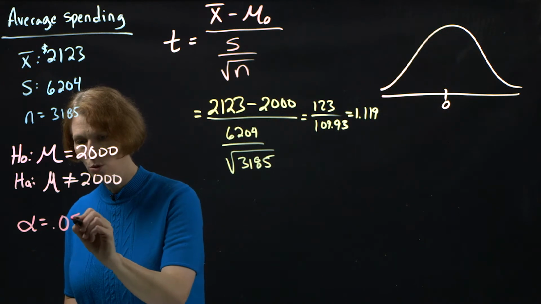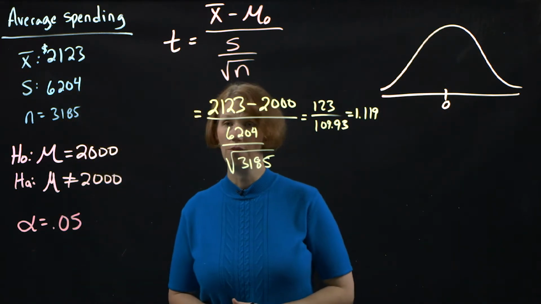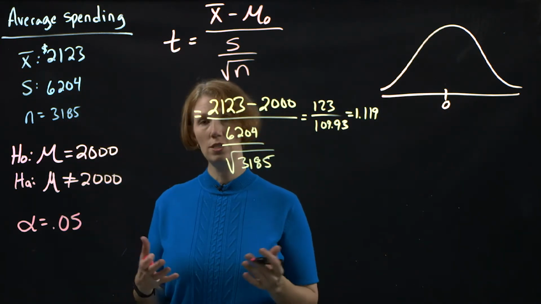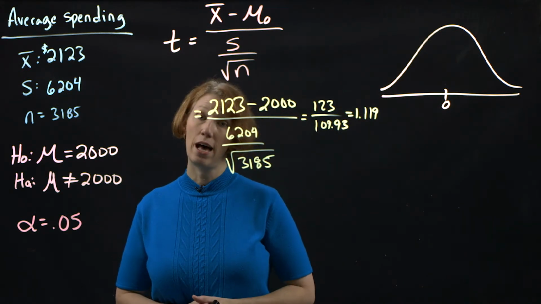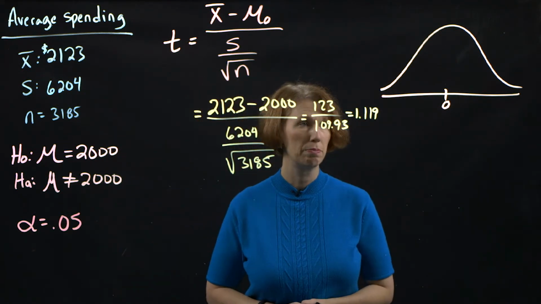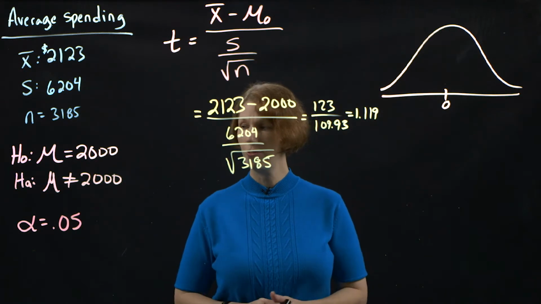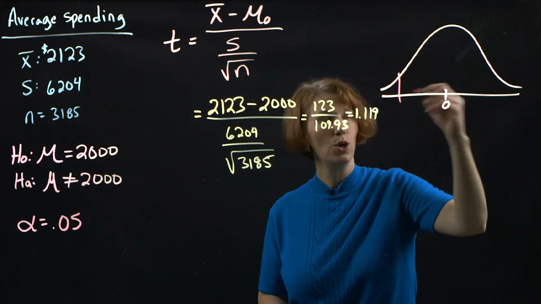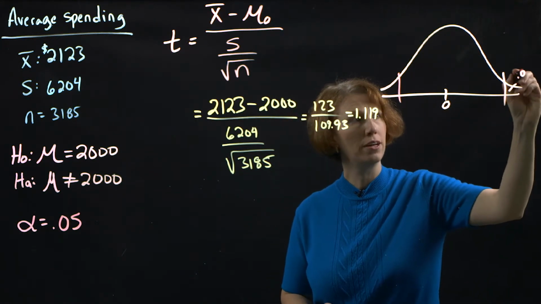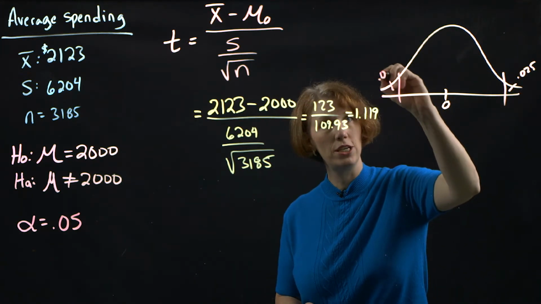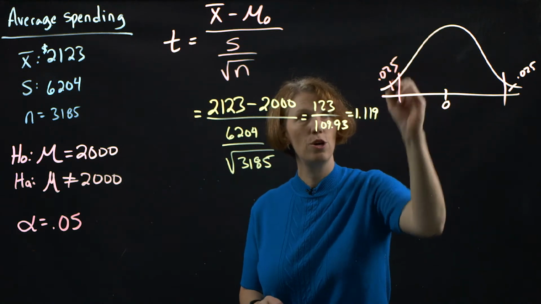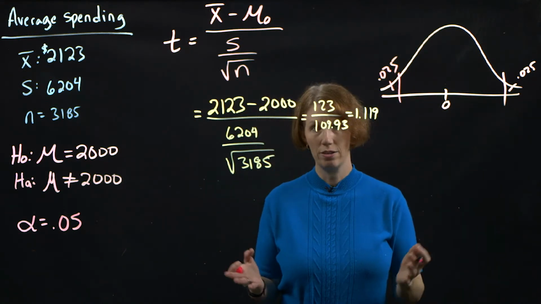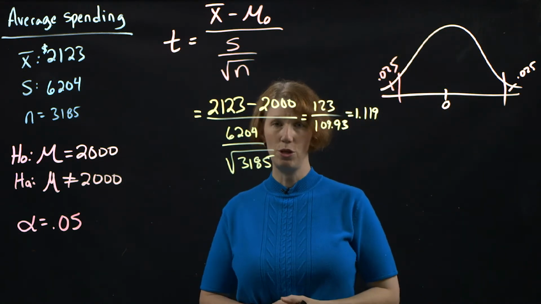In this case, I'm going to use a significance level of 0.05, which is a very conventional value to use in the social sciences. All right, so if we have our value of 0.05 and we're doing a two-sided test, we're going to look for the value of t such that we have 0.025 in each tail. That's equal to alpha divided by 2.